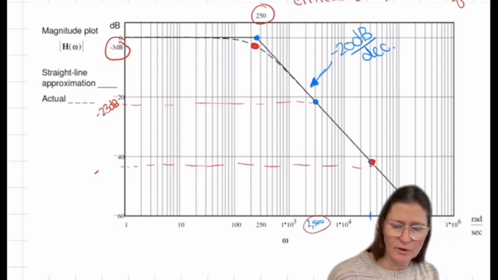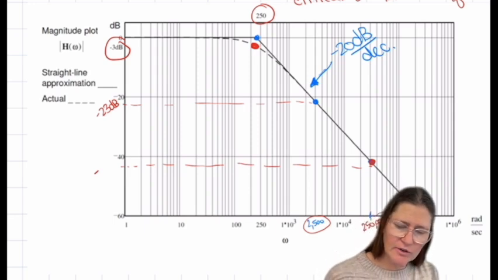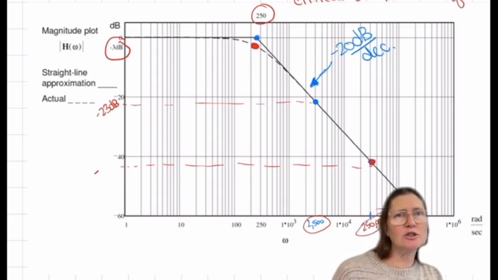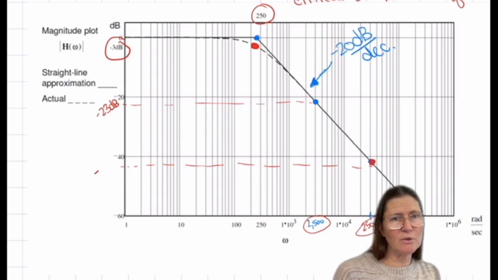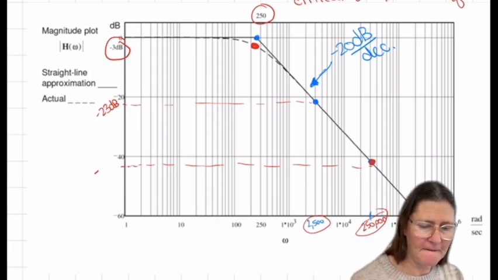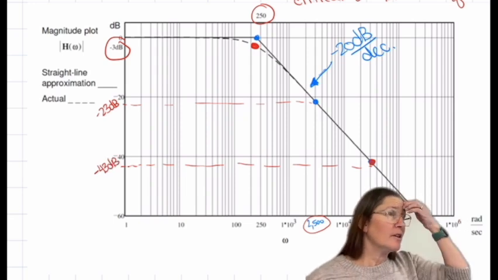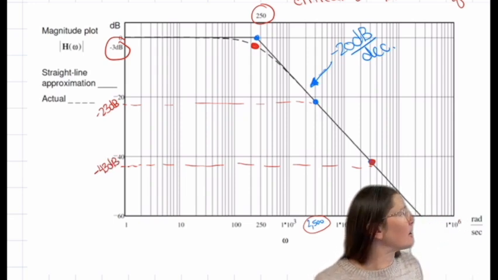So these are separated by a decade each. So if this value is minus 23, what will be the value below? 43? Correct. So you can label these on the graphs.